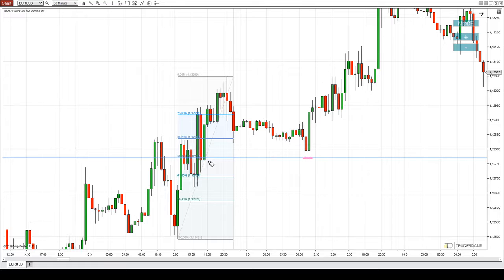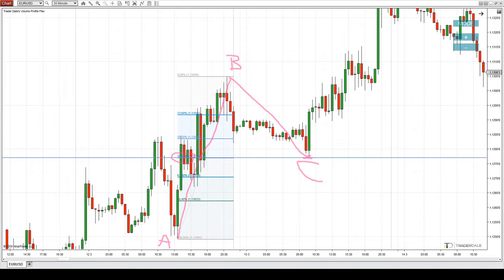Price didn't go past the 50% mark. So A, B, this would be C, but it's not. But it's very close actually, so maybe I would just consider it as a valid touch of the 50%. It's just like 0.1 or 0.2 pips. So let's just have a look at it, how it will end up, all right?